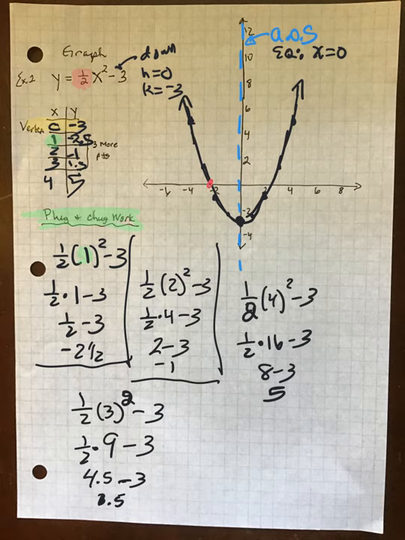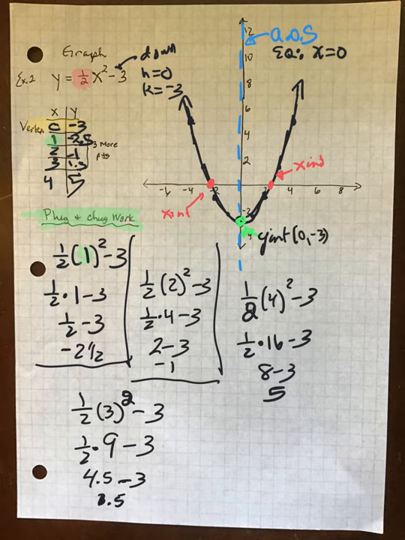Let's go over a little bit of vocabulary. Does everybody know that when it hits the x-axis, those are called x-intercepts? That's important to know. Where it hits the y-axis is known as the y-intercept. So this is the y-intercept. Isn't the y-intercept (0, -3)?